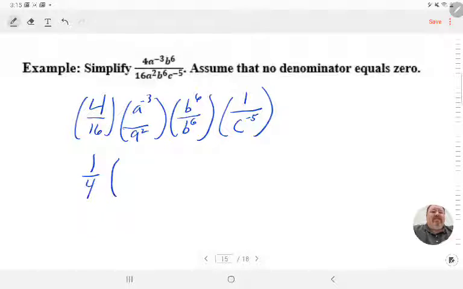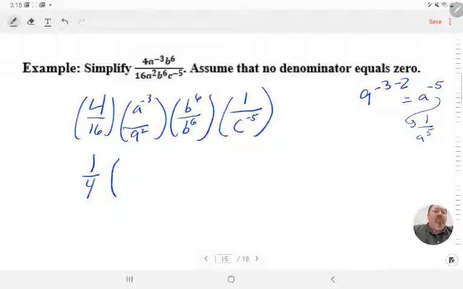Then my a's, I can do it a couple of ways. So let's do it over here. I could do a minus 3 minus 2 is going to give me a to the negative fifth, and the reciprocal of that would be 1 over a to the fifth. Okay?